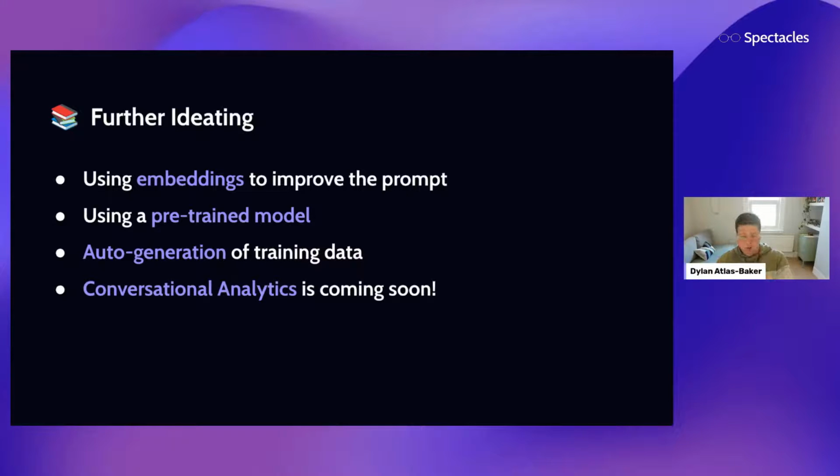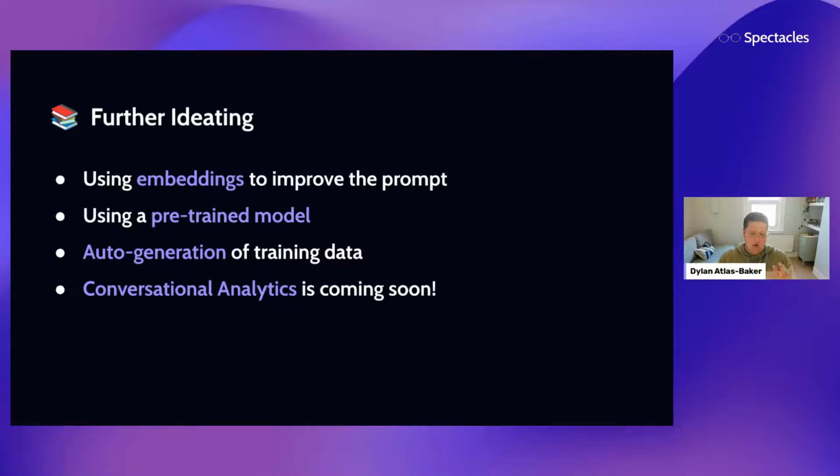Using embeddings to improve the prompt, I think there's a couple different ways that this could work. An embedding is a vector representation of a string. Strings that are most similar to each other will have vectors that are most similar to each other, but it's a much easier way to compare them.